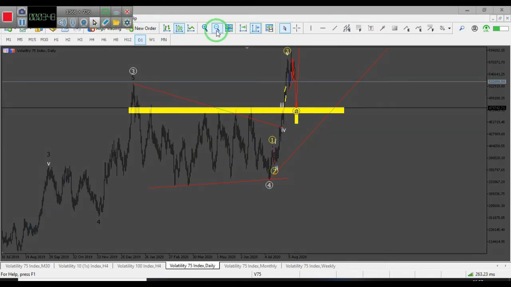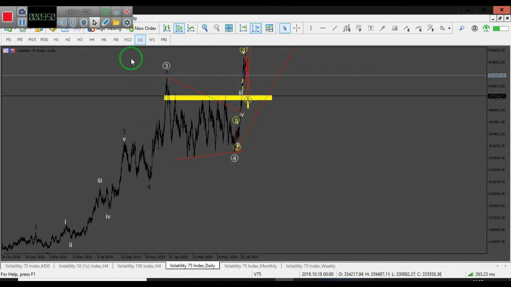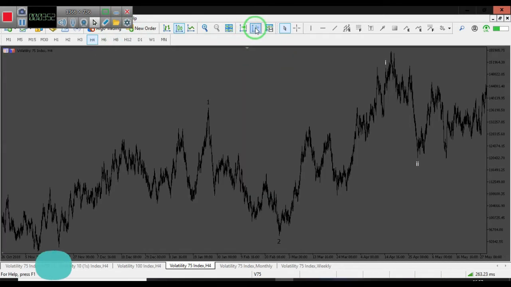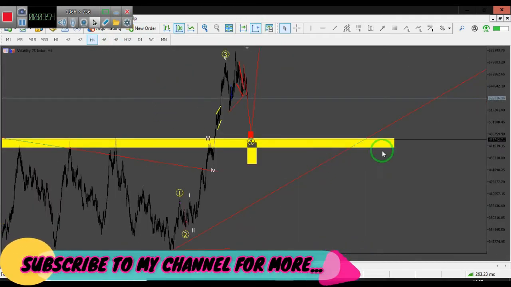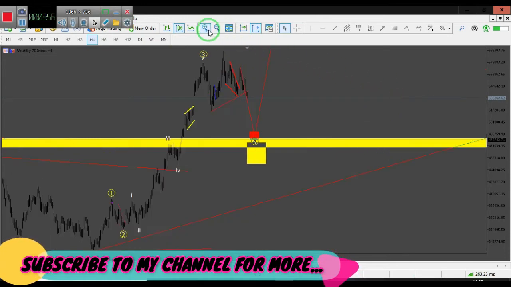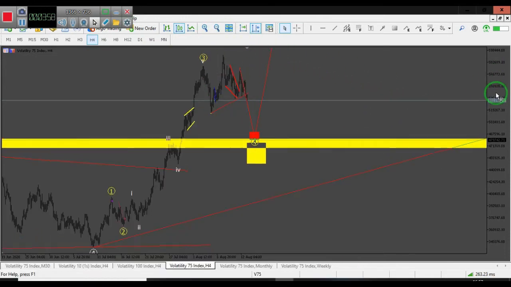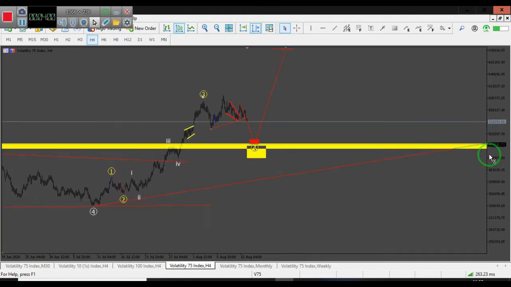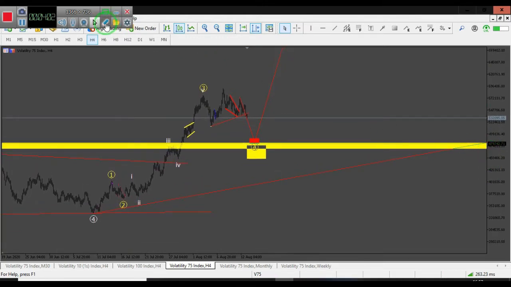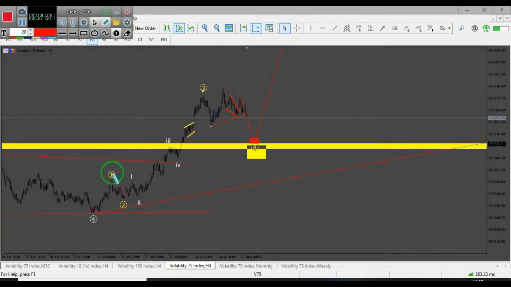For now, we'll work with that this is a triangle. And the move to the upside, as you can see, we've made 1, 2, 3, and our 4 here, and our 5 somewhere there.